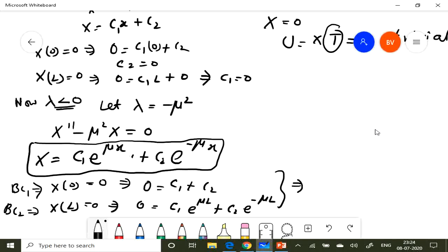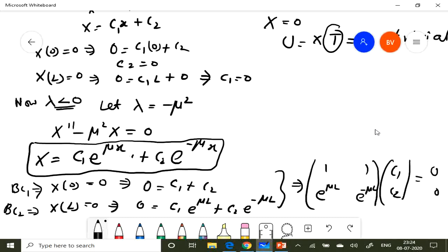This can be written in matrix form: 1, 1, the coefficients of c1 and c2, and e raised to mu L, e raised to minus mu L. This is the first matrix, and c1, c2 is the second matrix, equal to 0. Here this determinant cannot be 0.